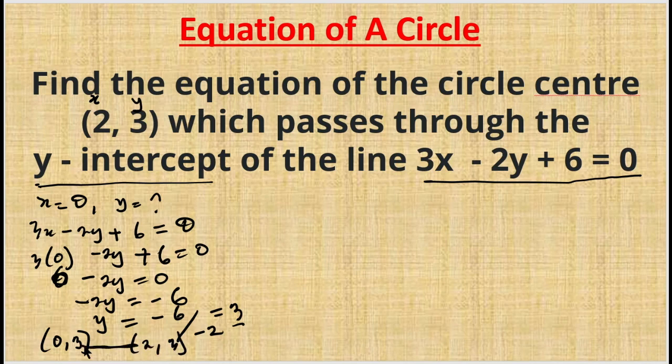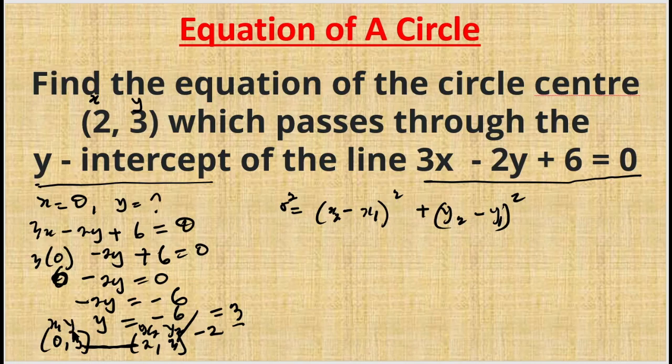I can use these 2 points to find the radius r of the circle. So that my radius r, which is the distance between 2 points, will come from r squared equals x2 minus x1 all squared plus y2 minus y1 all squared. Let's refer to this as my x2, y2, and this as my x1, y1.